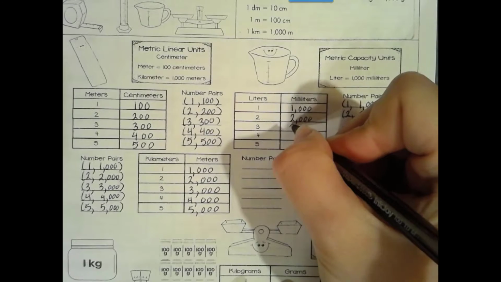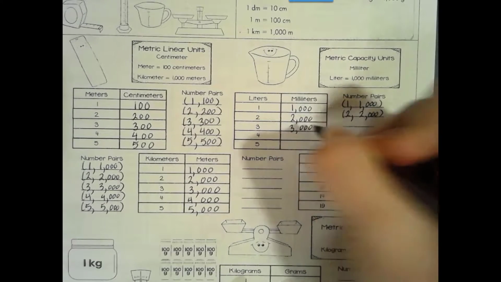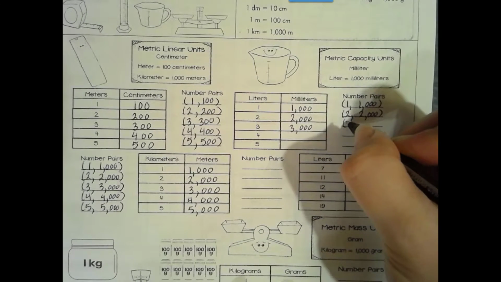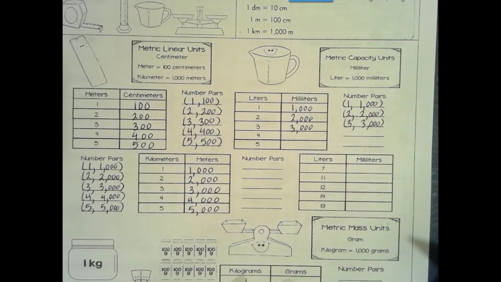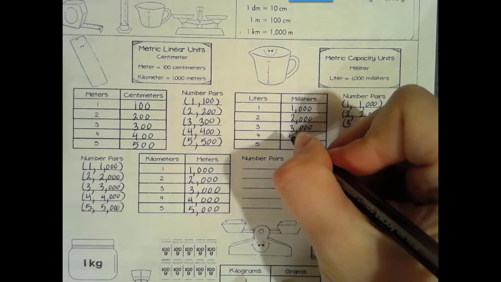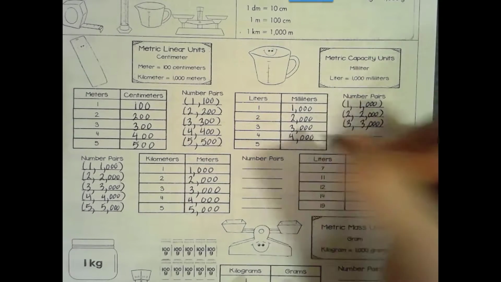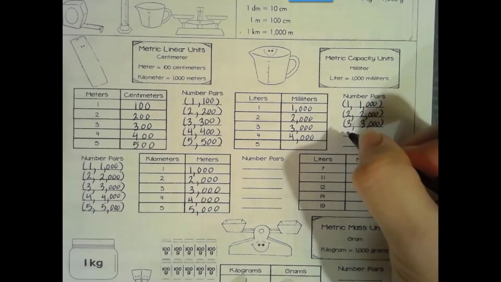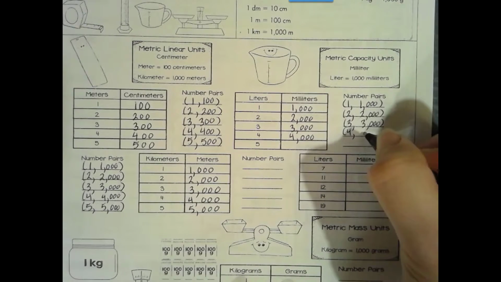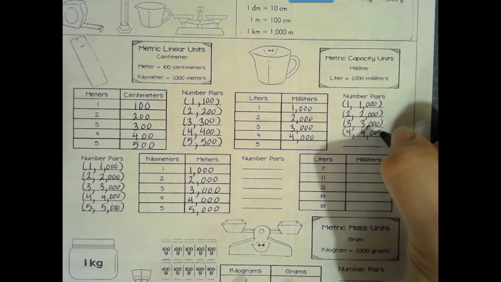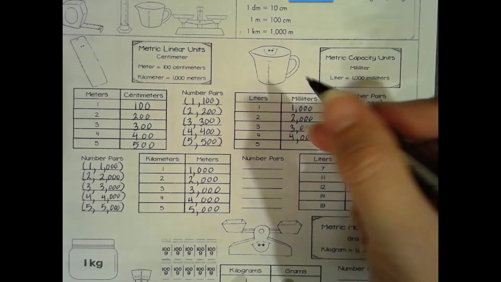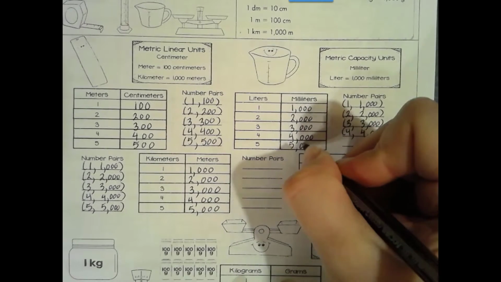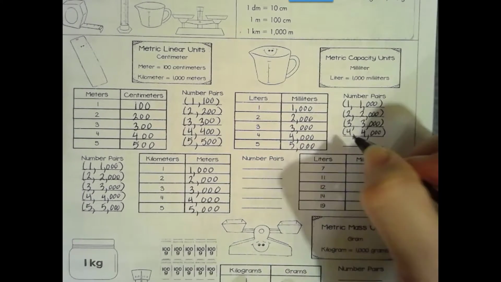For every 3 liters, 3 sets, you would have 3,000, because 3 sets of 1,000 is 3,000 milliliters. 4 liters, 4 sets of 1,000 is 4,000. So for every 4 liters, there's 4,000 milliliters. 5 liters, there's 5 sets of 1,000 or 5,000.